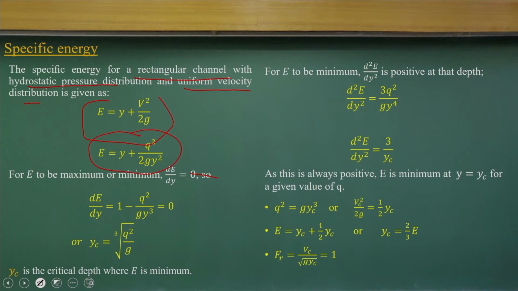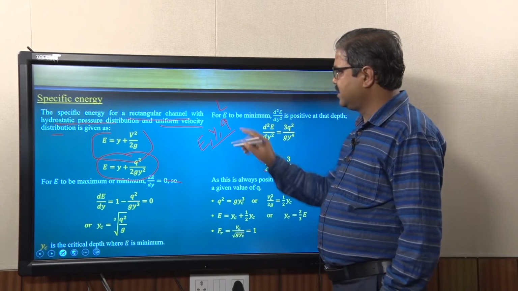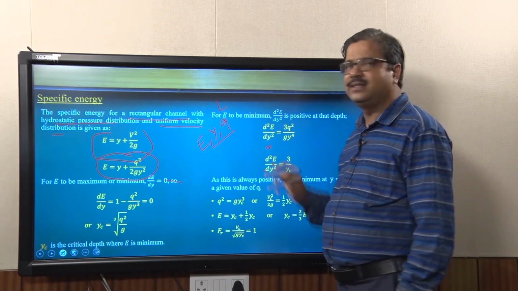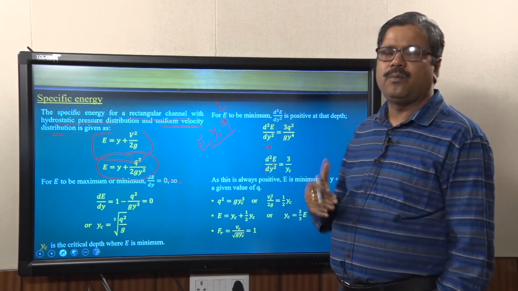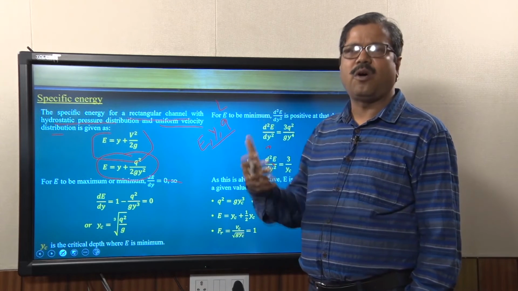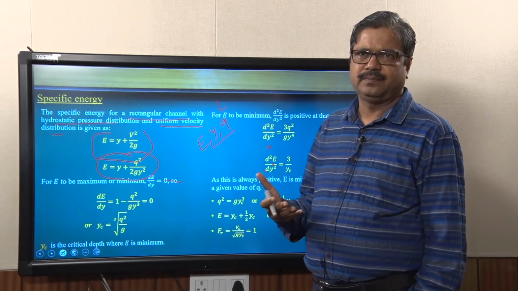As I said earlier, in a flow we have three cases. One is the specific energy, second is the flow depth, and Q is the flow discharge per unit width.